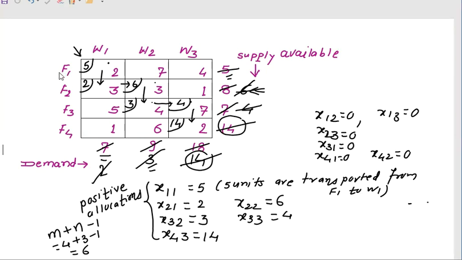The quantity of goods transported from the first factory to the 3 warehouses is 5 plus 0 plus 0: 5 units from F1 to W1, 0 units from F1 to W2, and 0 units from F1 to W3. This sum is equal to the supply available at the first factory. This is what we call the row sum restriction.